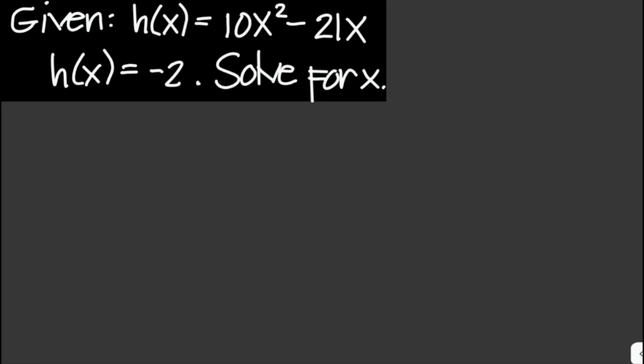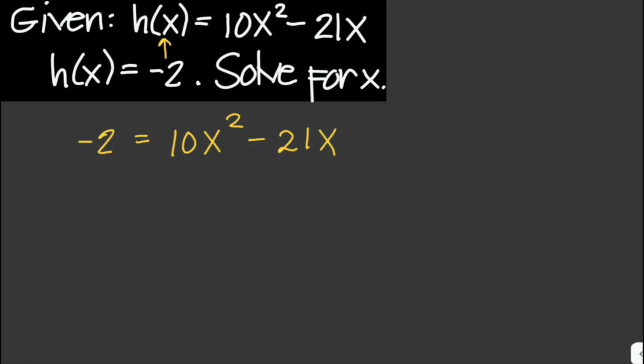Okay, we're given here h of x equals 10x squared minus 21x, and we're given the value of our h of x, which is equal to negative 2, the output, and we just have to solve for x. So we just have to plug in negative 2 here. So that would be negative 2 equals 10x squared minus 21x.